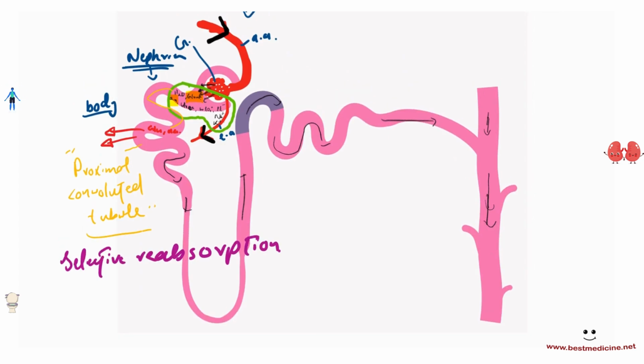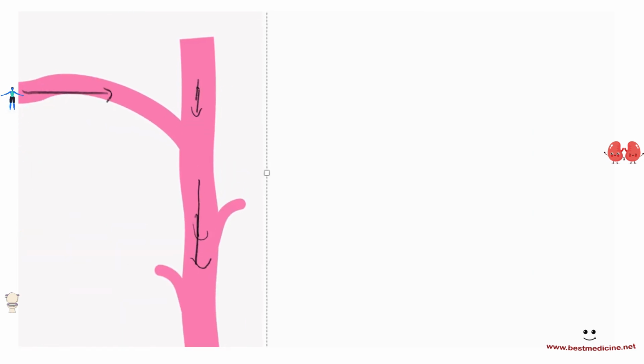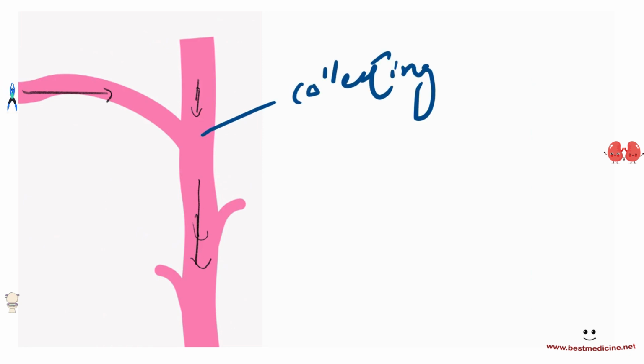The proximal convoluted tubule is involved in selective reabsorption of the initial filtrate, the reabsorption of glucose and amino acids so that they don't go into the urine. And the collecting tubule is the one that receives the finalized urine, right? So this is called the collecting tubule.